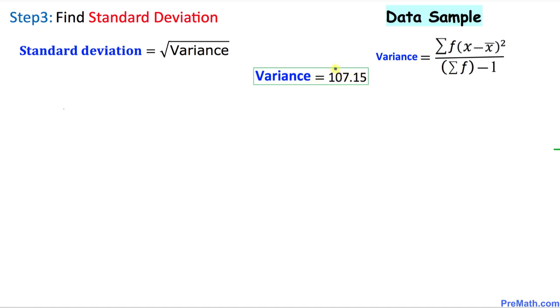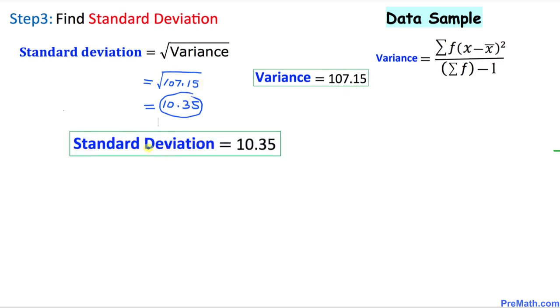And here's the variance value that we figured out in our previous step, which is 107.15. We're going to take the square root of that to find the standard deviation. And if we take the square root, that's going to be 10.35. So thus our standard deviation turns out to be 10.35, and that is our final answer.